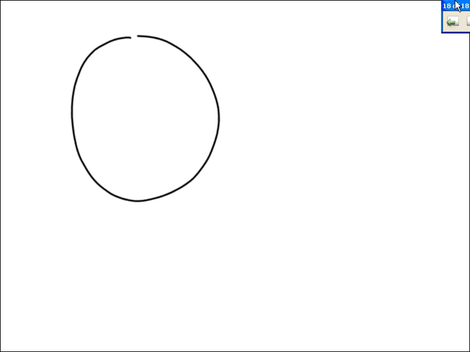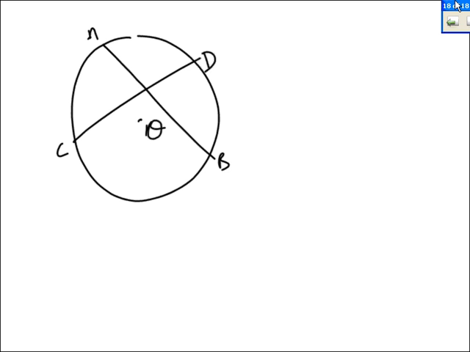You have a circle, center O. And you have chord AB and chord CD. And you were told that AB in length is congruent to CD.